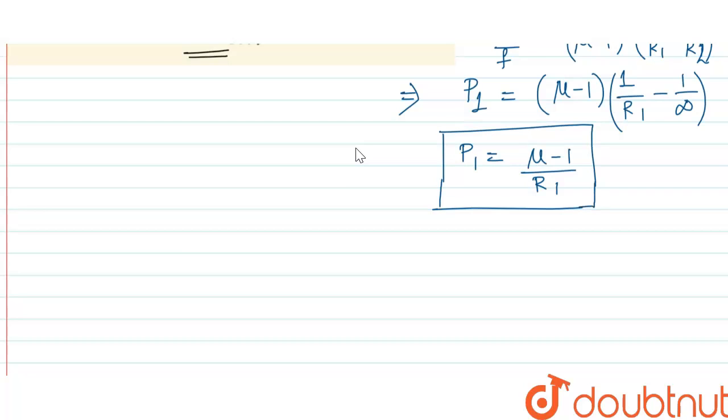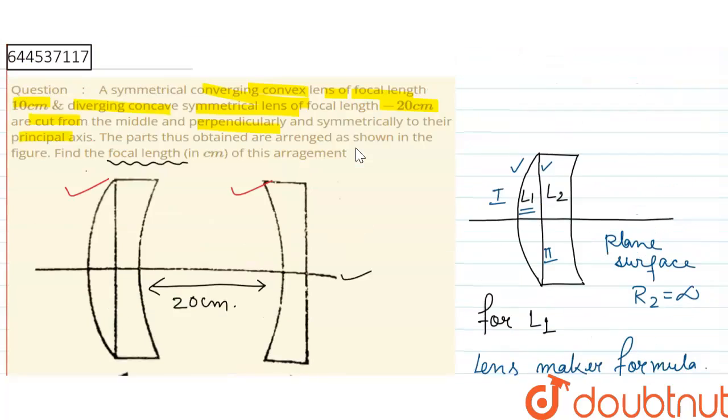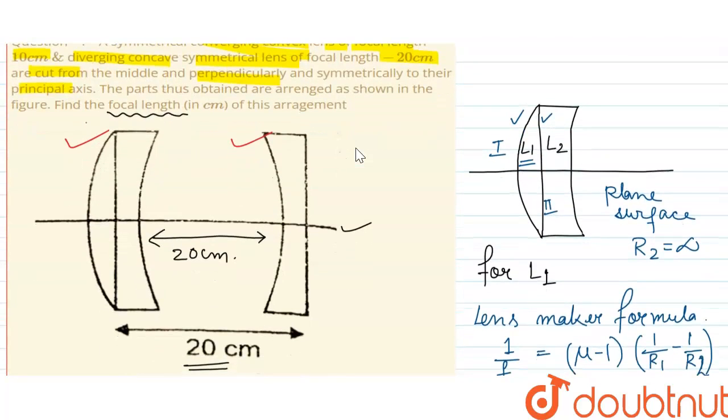Then again we have to apply the same lens maker formula for lens L2. Now for L2, we will see the diagram again. For L2, this plane surface will act as surface 1 and the other will be surface 2.